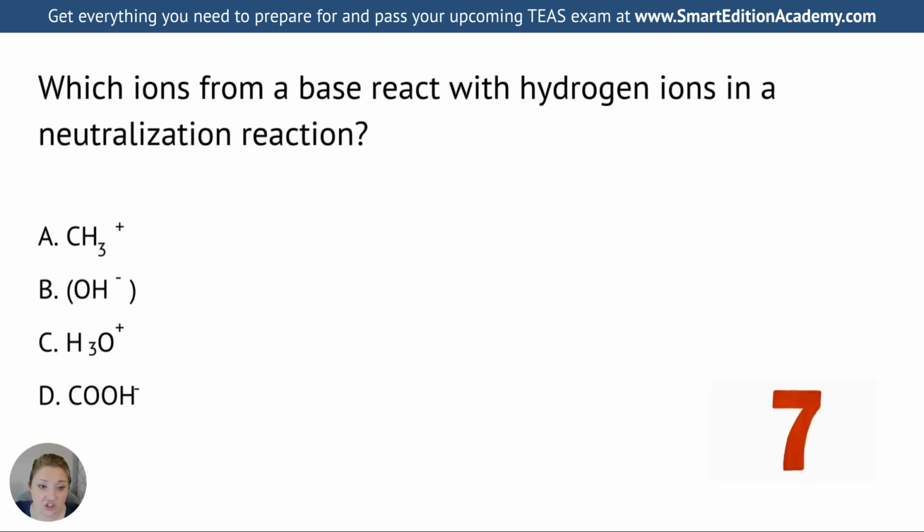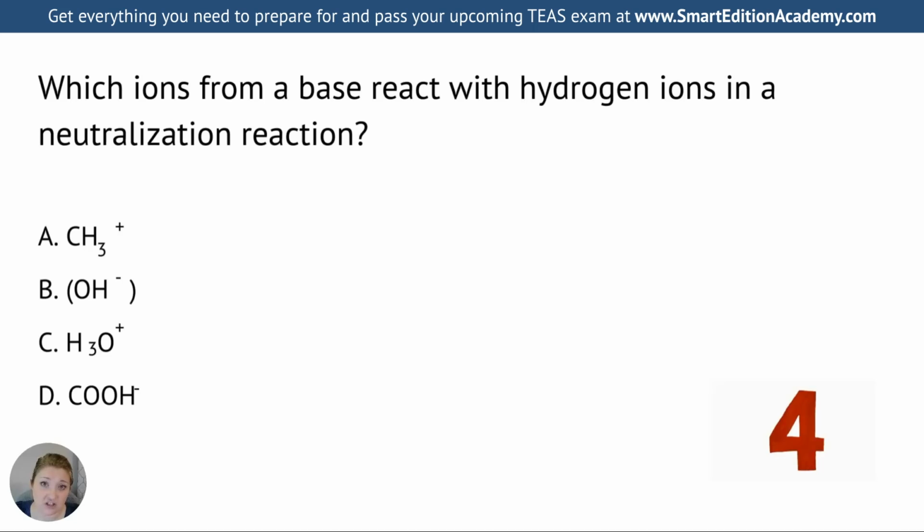All right, which ions from a base will react with hydrogen in a neutralization? So we know that in neutralization, the acid gives an H and the base gives an OH, and that's what makes the water, H2O.